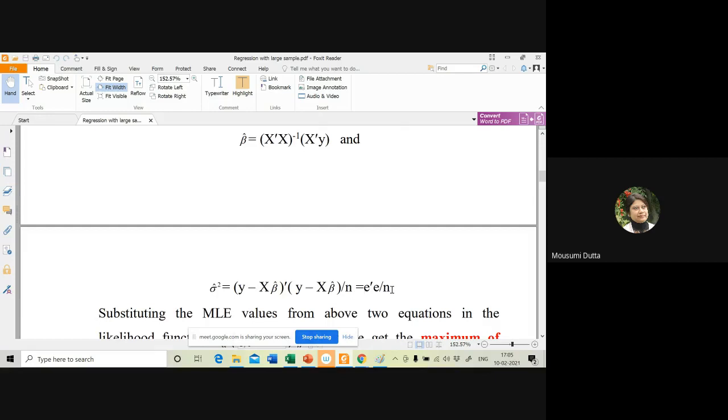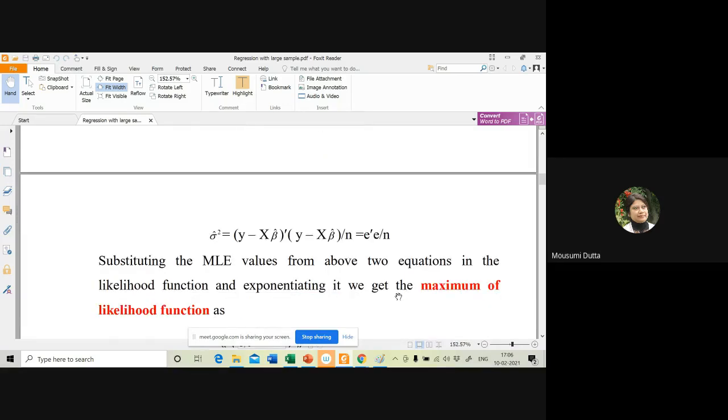However, here we are getting n. Actually, when we consider a large sample, there is no difference between n and n minus k. Okay, n is tending towards infinity. So the only difference between the least square estimators and the MLE estimator is the denominator of sigma hat square. However, we are understanding here that we are using the limiting property and therefore we are getting these values.